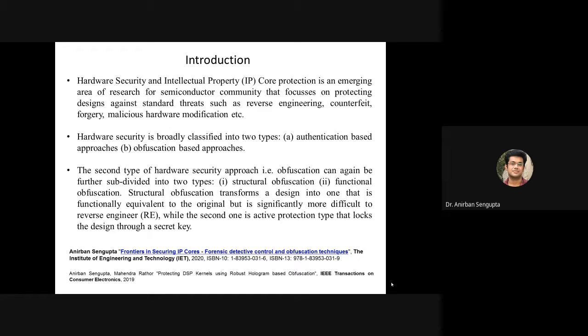The first is structural obfuscation, where the goal of the designer is to convert the respective hardware structure into a form which is significantly more difficult to reverse engineer, but offers the same functionality as the original. In the case of the active type of obfuscation technique, which we call functional obfuscation, the main goal is to lock or encrypt the design using a predefined valid sequence of secret keys.